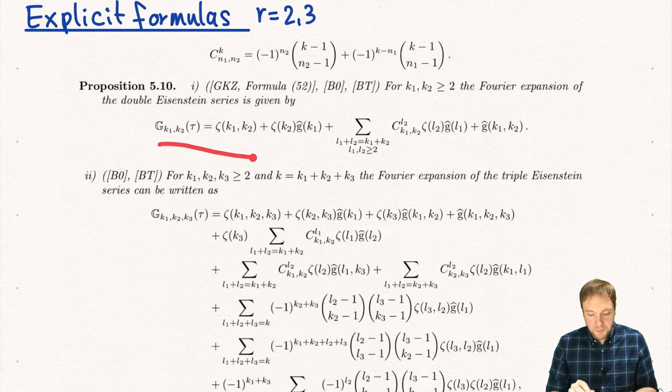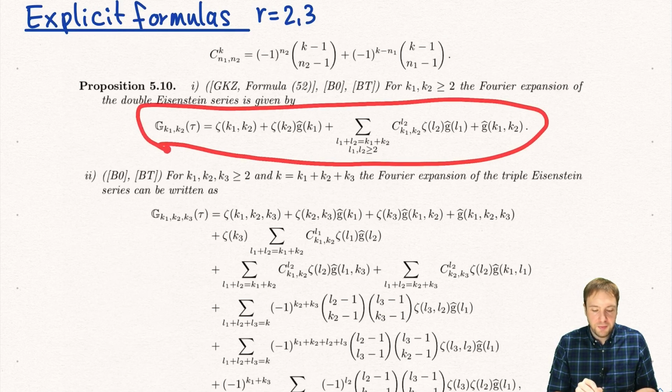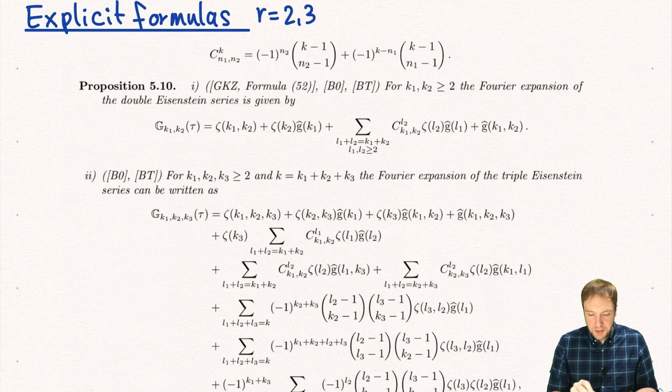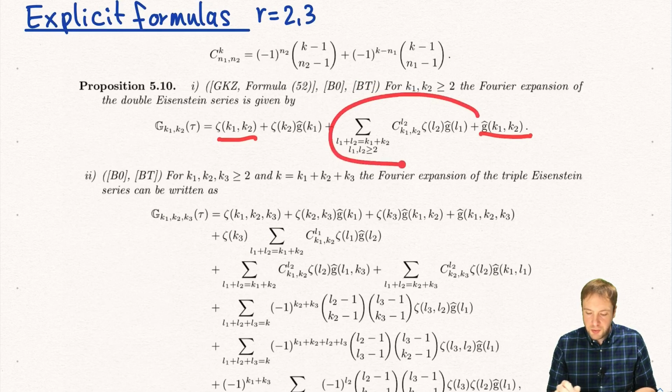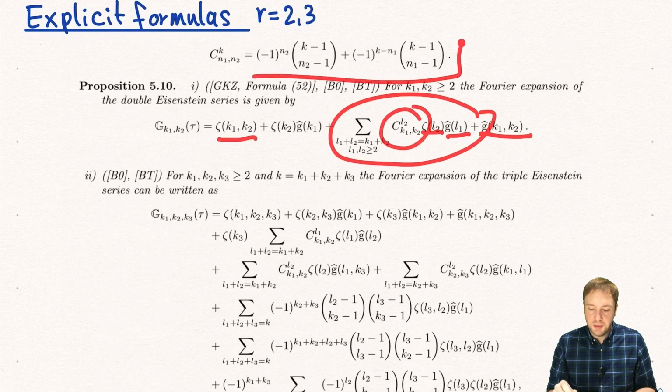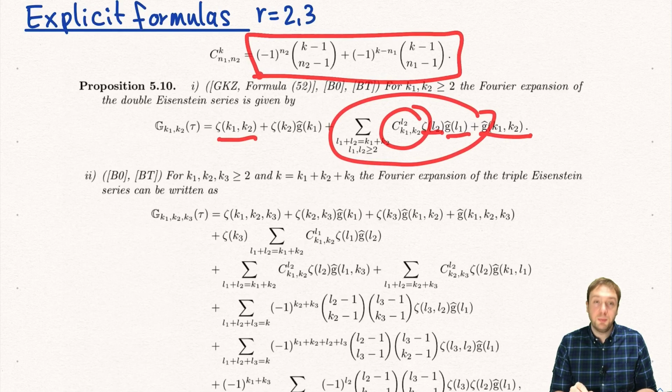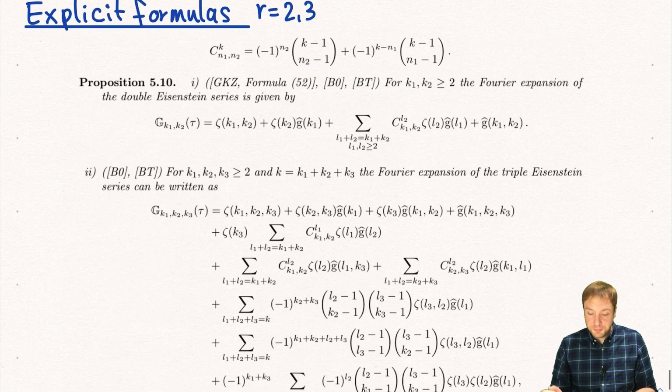So in depth 2, the Fourier expansion of the double Eisenstein series, which was first considered by Gangl, Kaneko and Zagier, but also again done in my thesis and the work with Tasaka, we get the constant term and this g hat, and here in between we have a mix of Riemann zeta values and single g's, and the coefficients can be written down explicitly by these binomial coefficients, which come from this partial fraction decomposition.